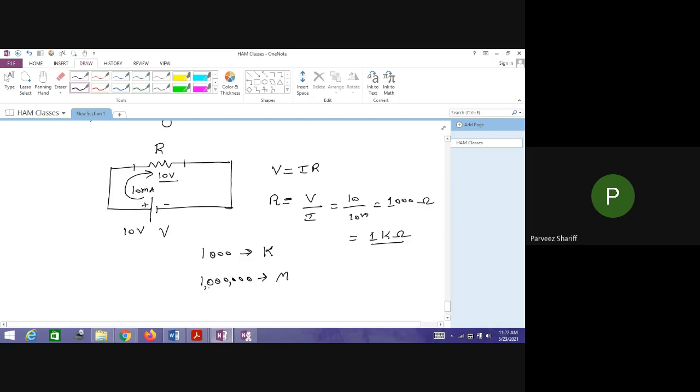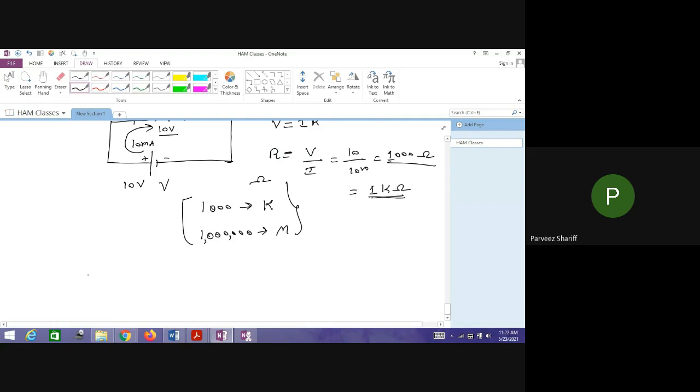So it is something like this: ohms, kilo ohms, and mega ohms. Resistances will always be in this range. So rather than writing 1000 ohms, we can write this as 1 kilo ohm.